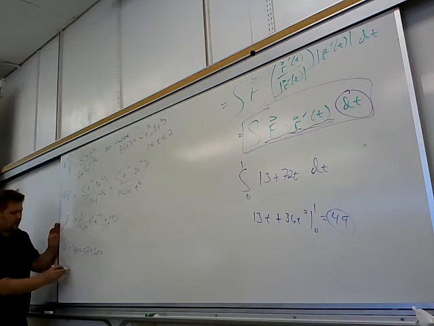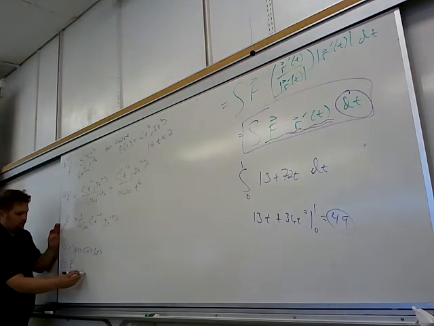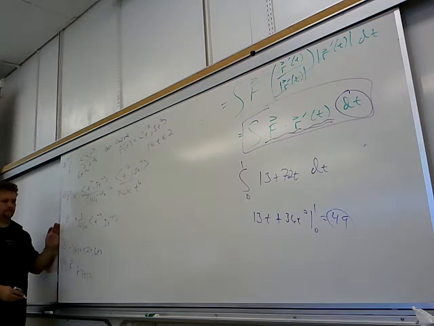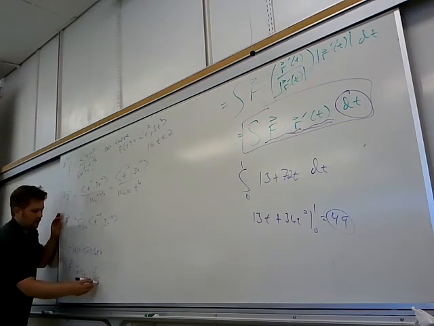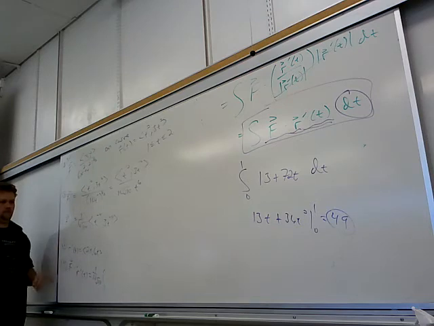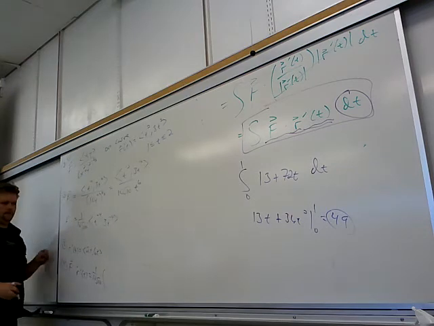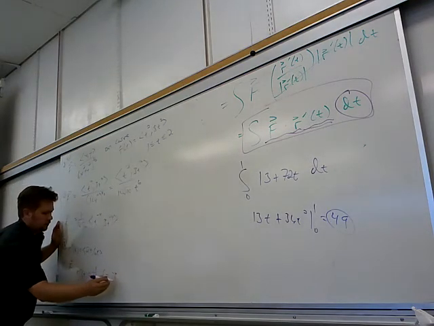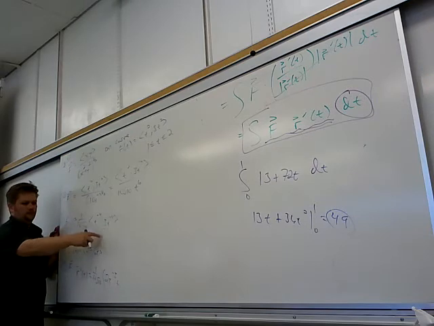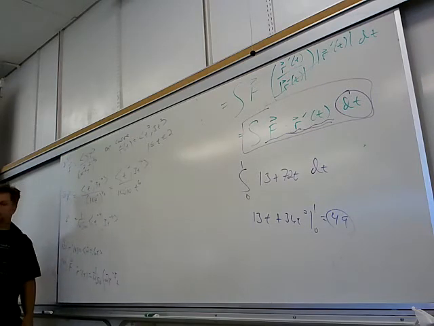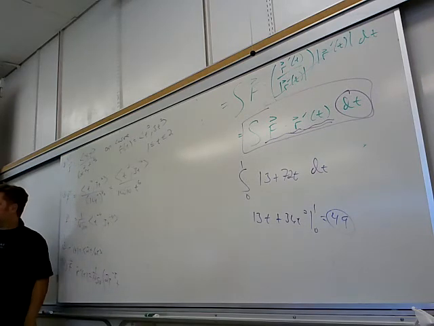So step 4 is what's f dotted with r prime. It's 1 over 10 root 10, good, 2t to the negative 3 plus 18t to the negative 3, so you get like terms.